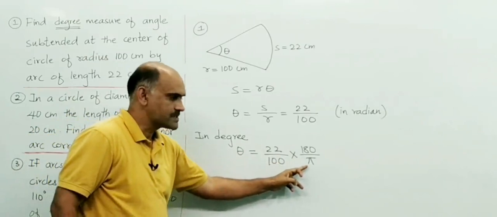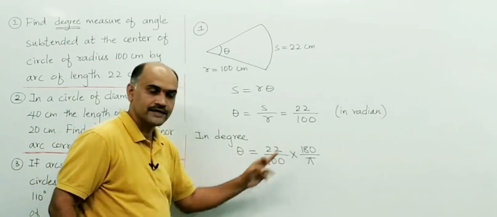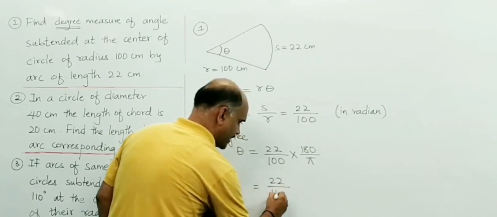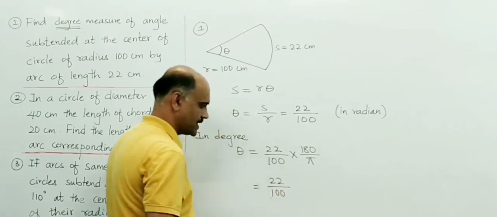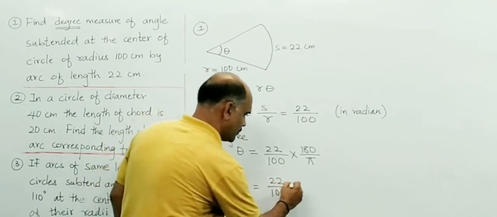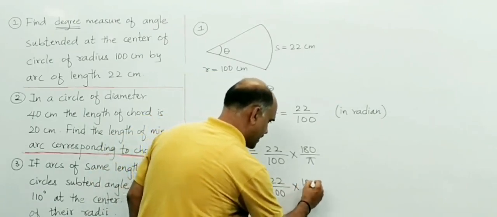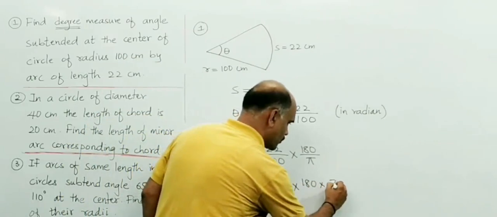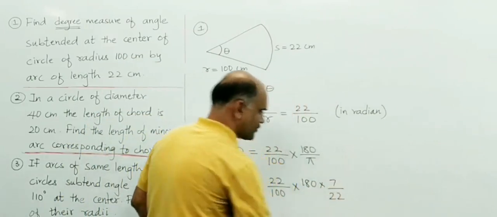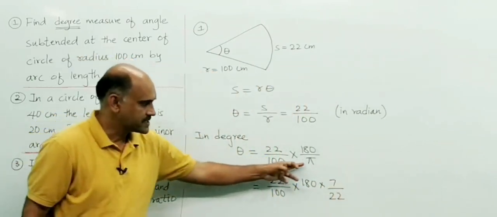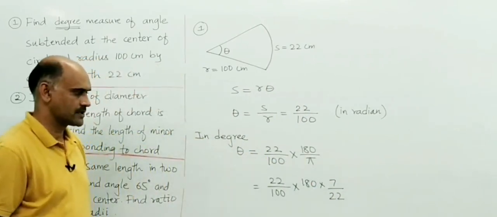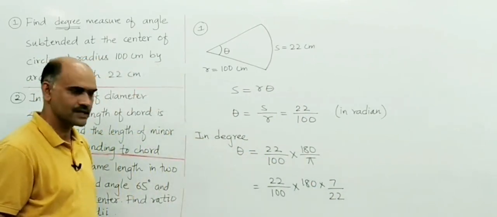Now here I will substitute pi is equal to 22 by 7. So I will have 22 by 100 into 180. Pi is 22 by 7, so that 7 will go to the numerator and 22 will be in the denominator. Now simplify, you will get the answer.